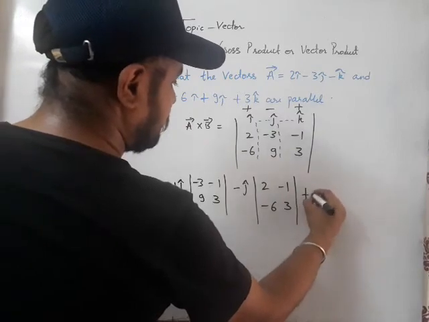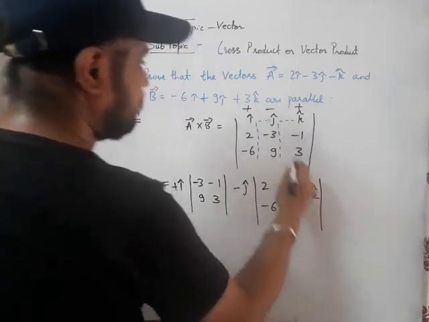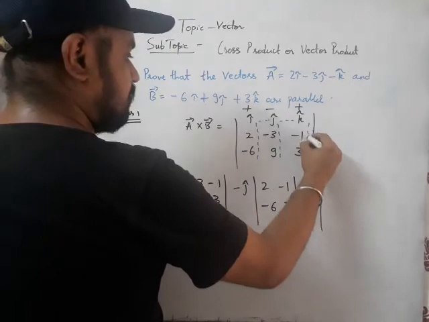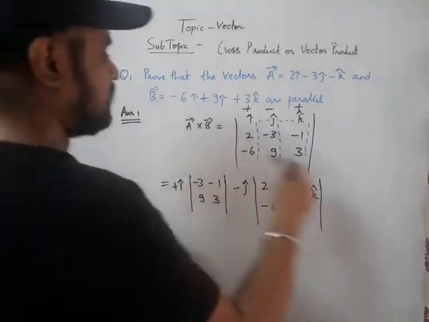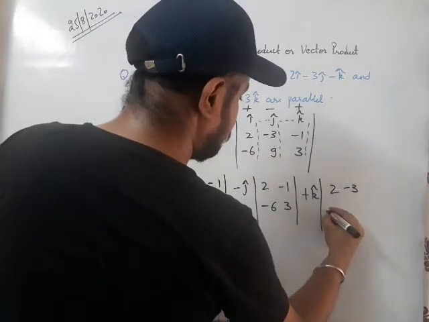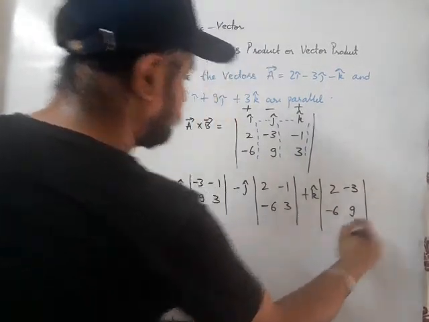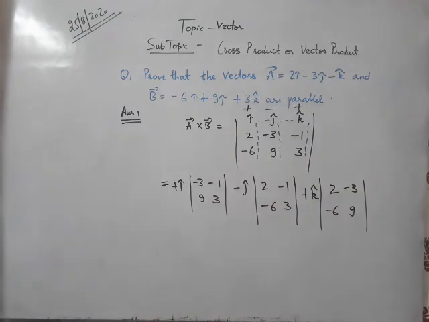And next is plus K cap. So we will be neglecting the column below and row in front of K. So we will only be left with the terms 2, minus 3, minus 6, 9. So this is the formulation for the cross product.